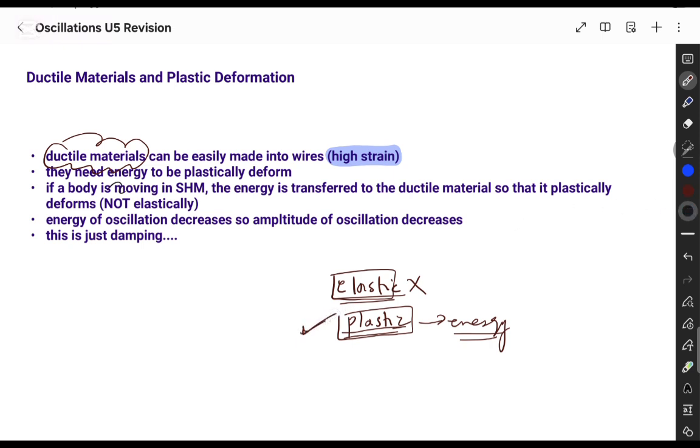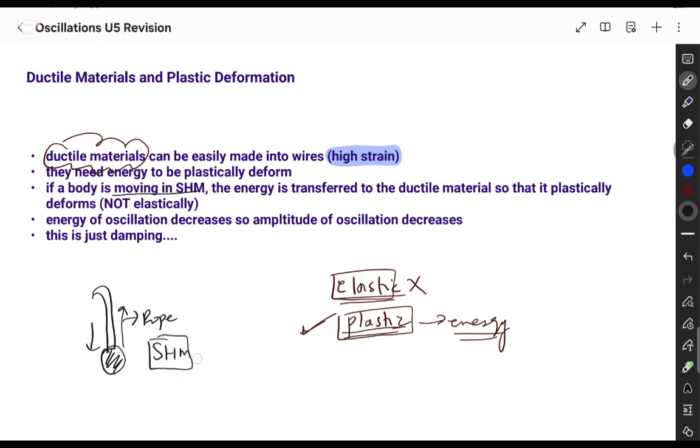So if the object is moving in simple harmonic motion, let's say you have a ductile material, and let's say you have a rope, and that rope is made of a ductile material, and the rope is moving up and down. Maybe there's a ball here or something like that, and it's moving in simple harmonic motion.